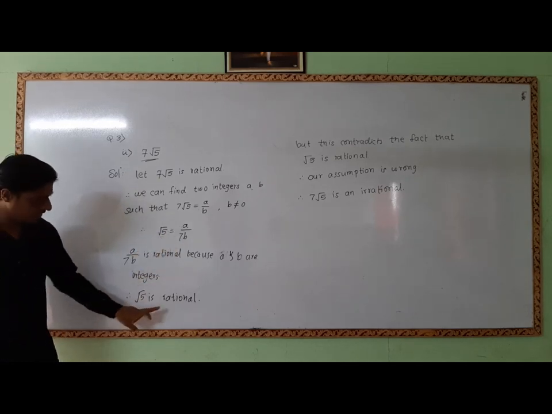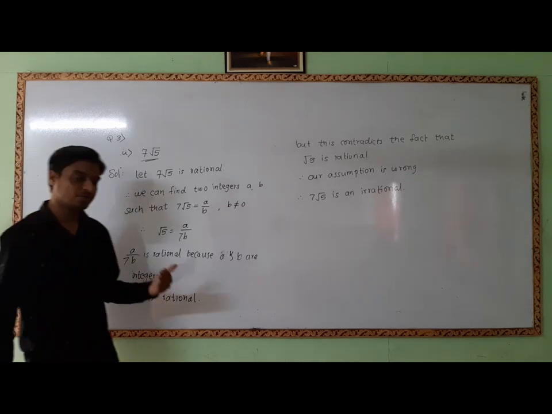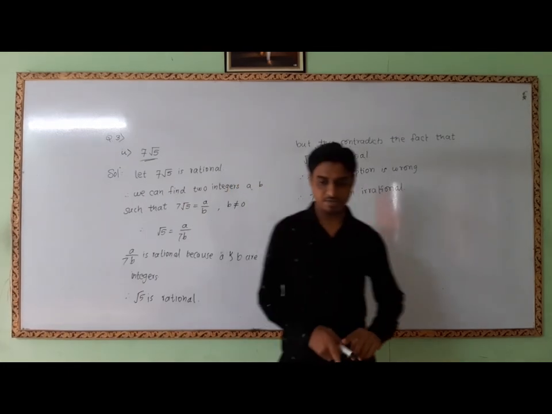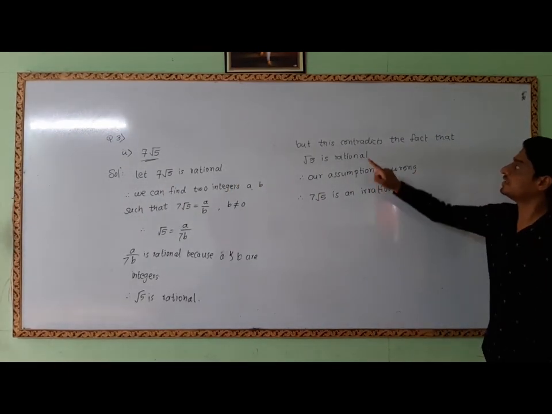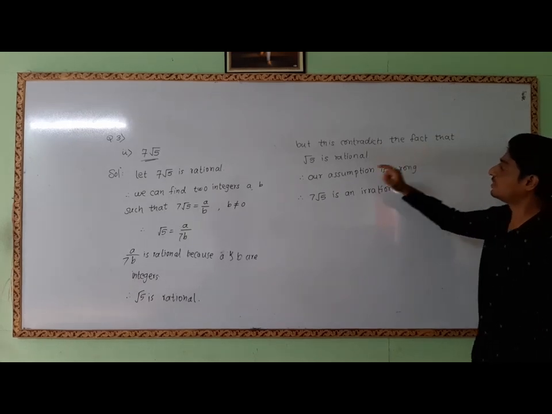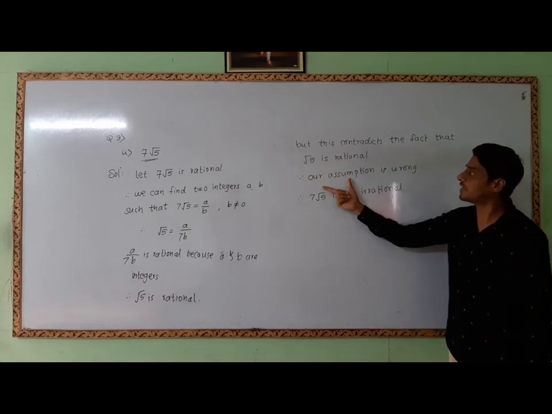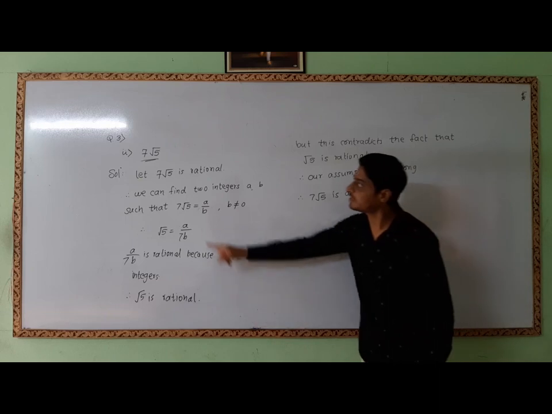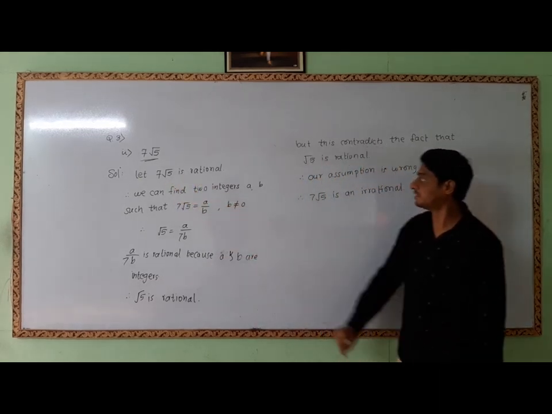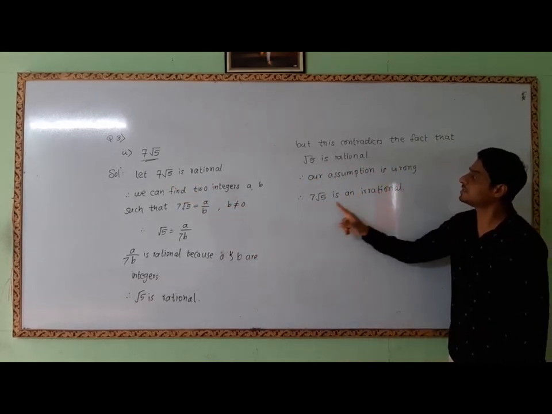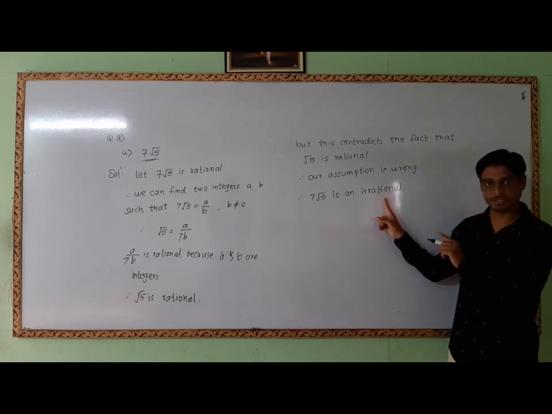So root 5 is rational. But we already know that root 5 is an irrational number. So this contradicts the fact that root 5 is irrational. So our assumption is wrong because we have assumed that 7 root 5 is rational. Our assumption is wrong, that means 7 root 5 must be irrational.